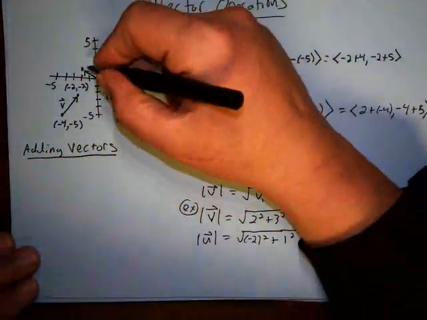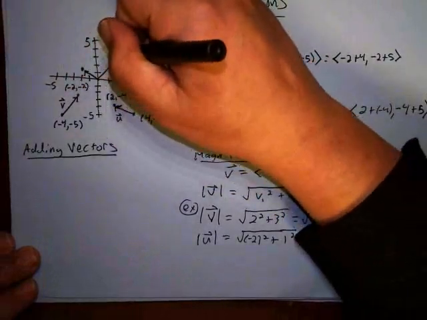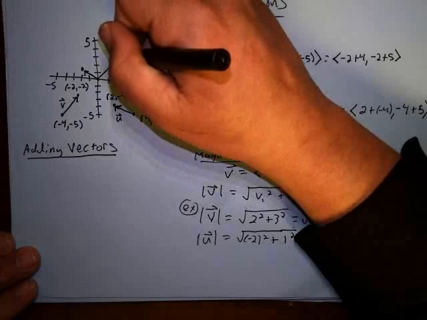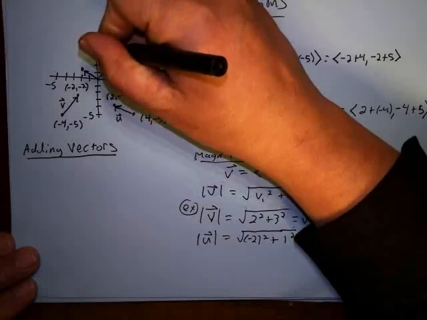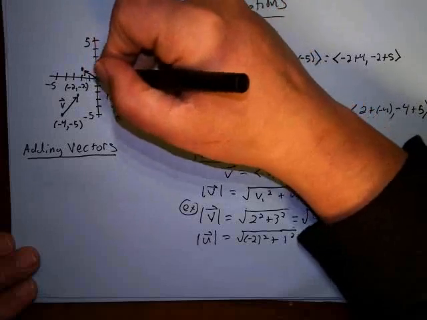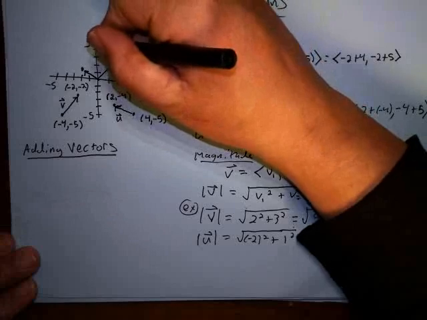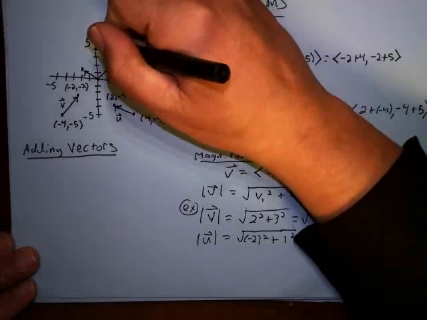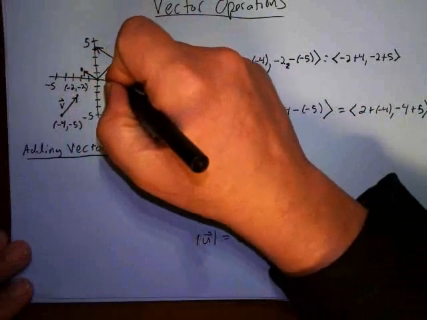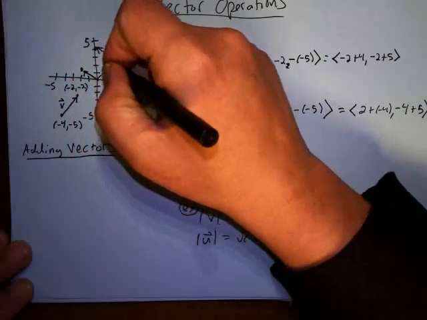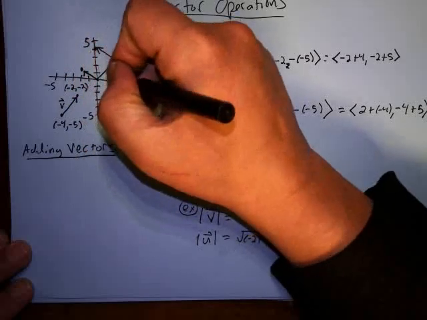What we did before, if you remember, was use the parallelogram rule, where we put over 2 up 1, and then this one is over 2 up 1, so over 2 up 3.